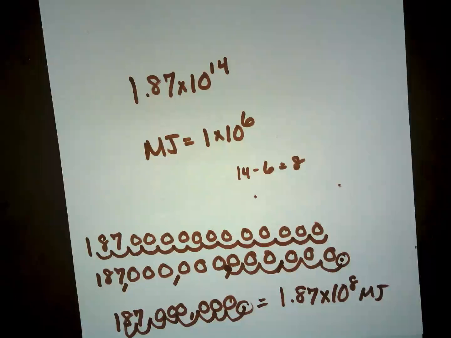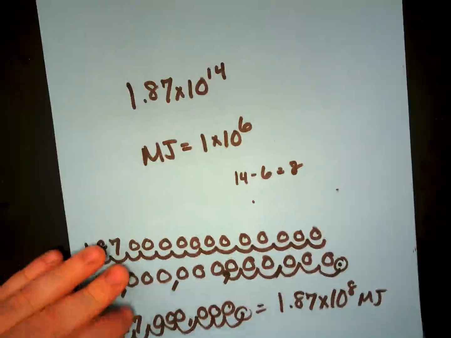In gigajoules, that would be 1.87 times 10 to the 5th power gigajoules, and then that would be 1.87 times 10 to the 2nd power for terajoules. Okay, so just a quick little reminder on scientific notation, since you probably haven't done that in a hot minute.